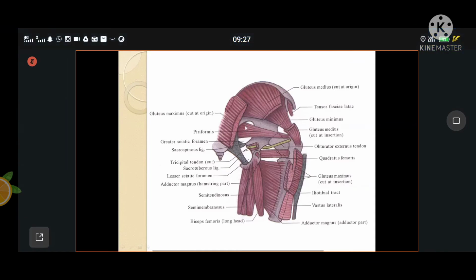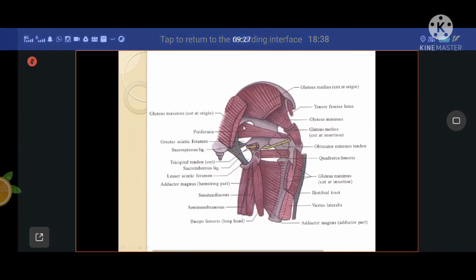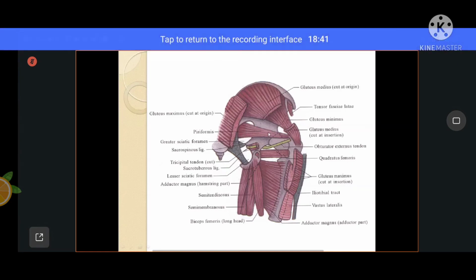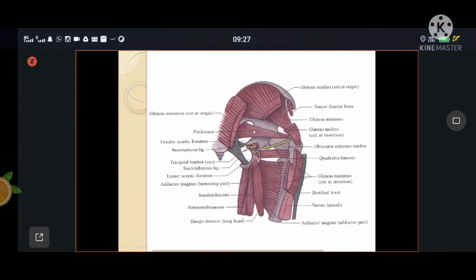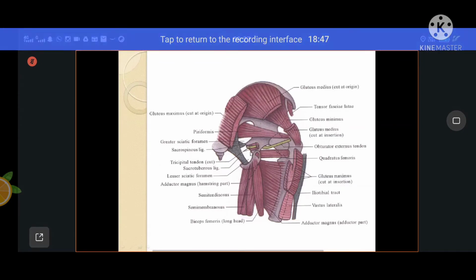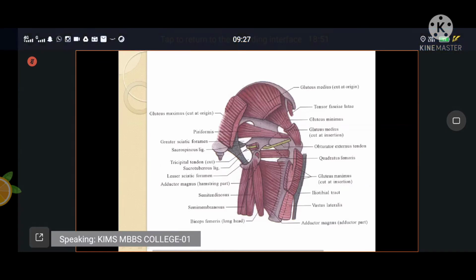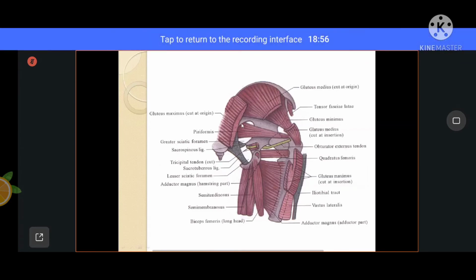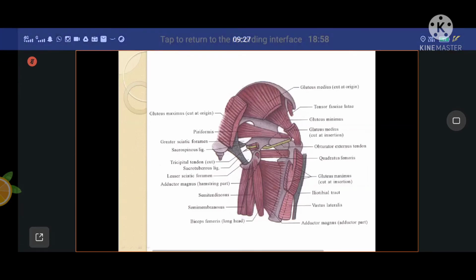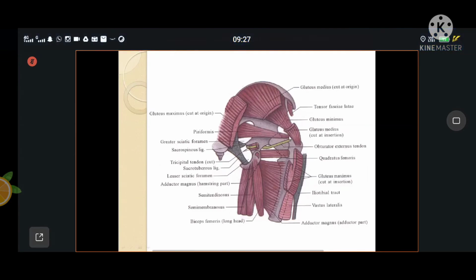So the structures entering from the pelvis have to enter into the gluteal region either through the greater sciatic foramen or through the lesser sciatic foramen. So they are the gateways to the gluteal region, right? So the piriformis, which is getting its origin from the sacrum, goes and gets inserted into the tip of the greater trochanter.